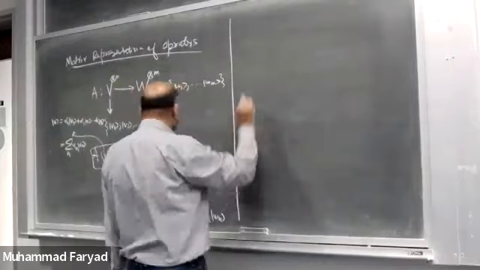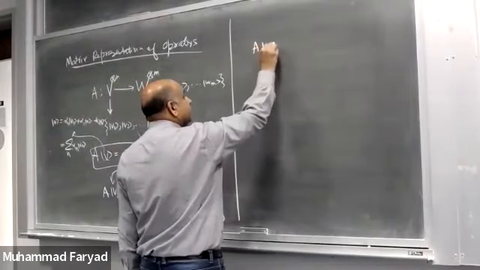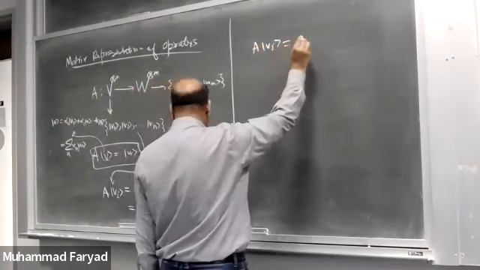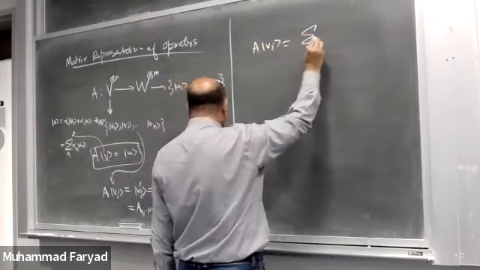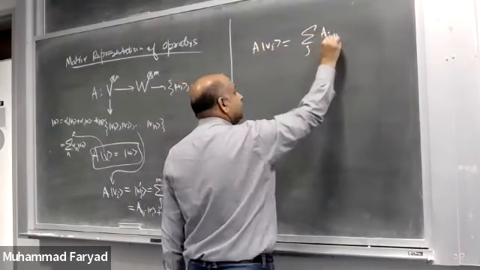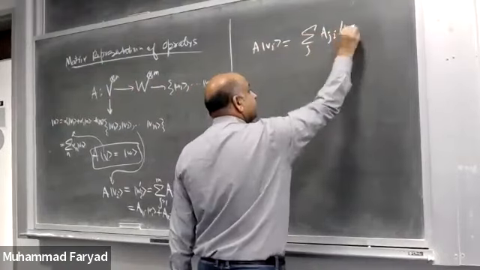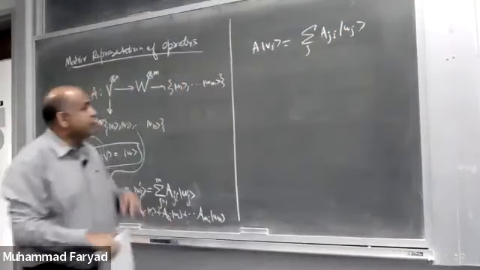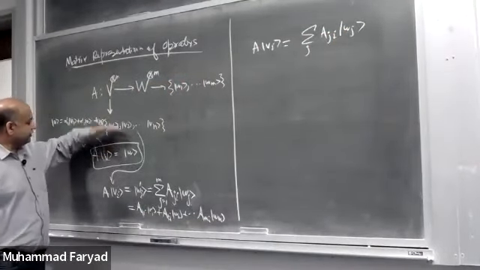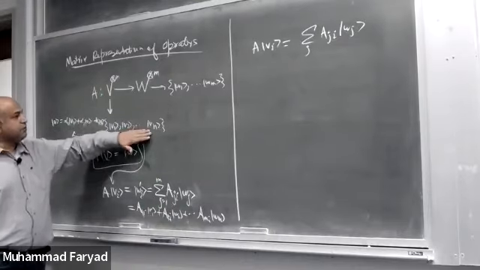So A v i equals sum over j of a ji omega j, and for that we can exploit the orthonormality. Assume that these are the orthonormal bases.